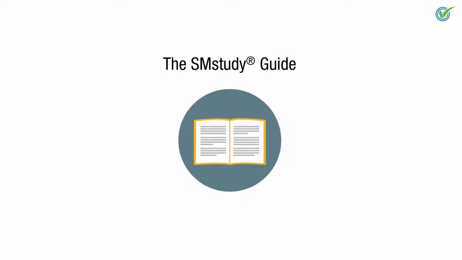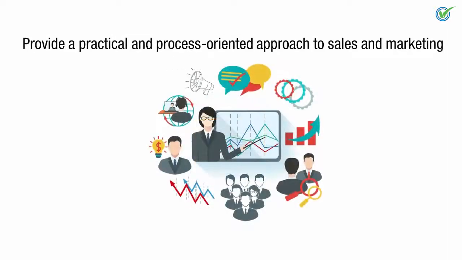The objective of the SMstudy Guide is to provide a practical and process-oriented approach to sales and marketing that emphasizes how various elements of sales and marketing can be integrated to develop a comprehensive and effective organizational sales and marketing plan.